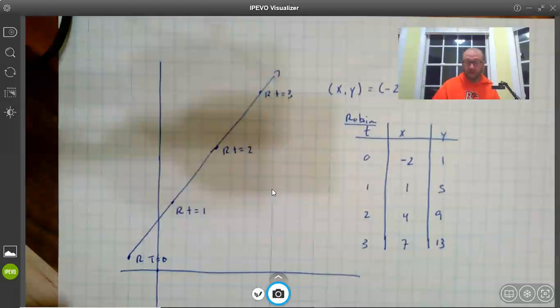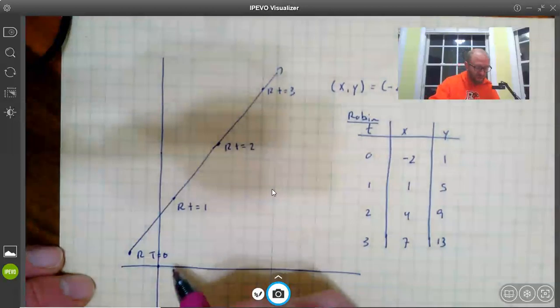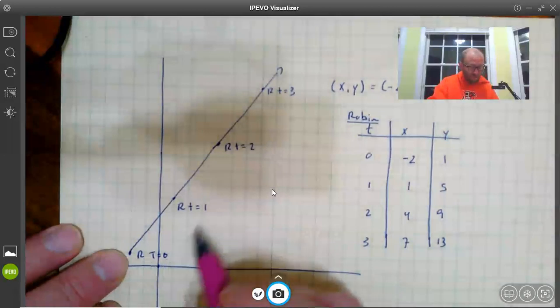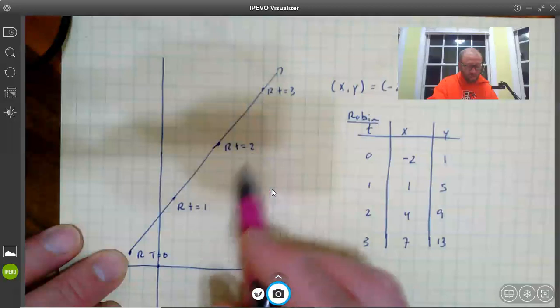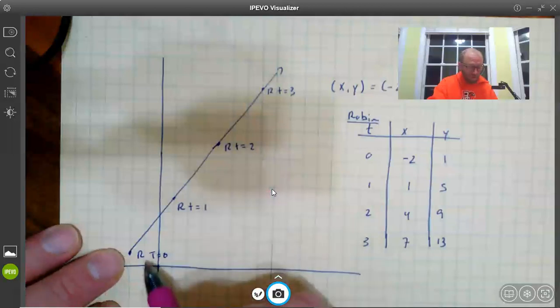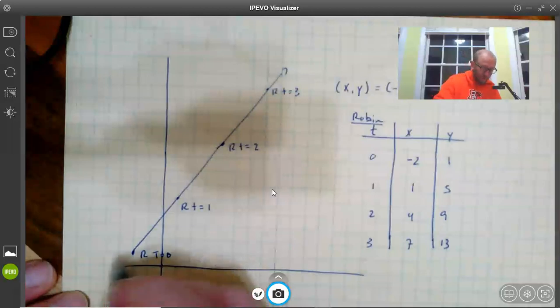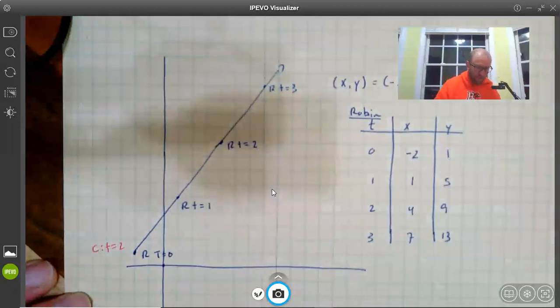Now, we've got this other character, Casey, who is lagging behind by, say, 10 kilometers. So same speed, but 10 kilometers back. So it basically means that by the time Robin gets here, Casey's 10 kilometers back, right?